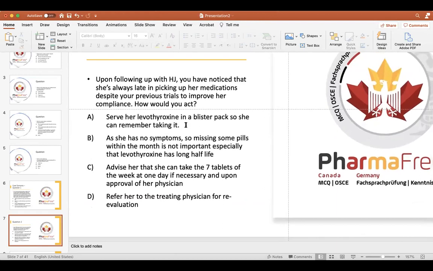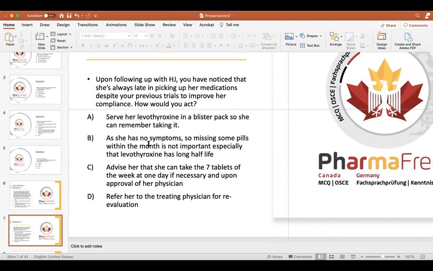Second question. Upon following up with HJ, you have noticed that she's always late picking up her medications, despite your previous trial to improve her compliance. How would you act? A: Serve her levothyroxine in a blister bag so she can remember taking it.